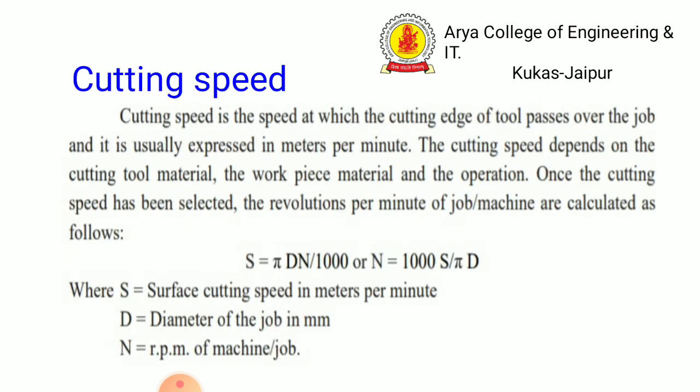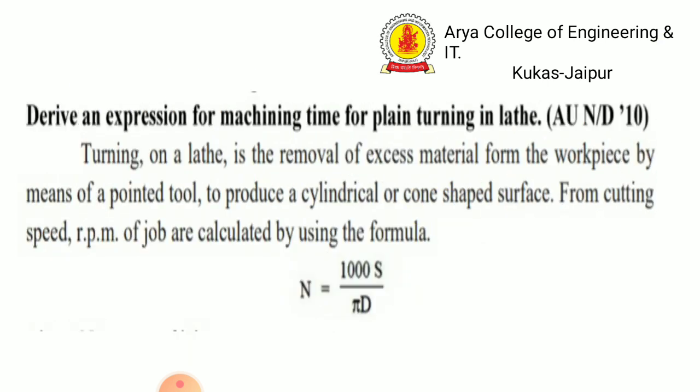Now derive an expression for machining time for plain turning on a lathe machine. Turning on a lathe is the removal of excess material from the workpiece by means of a pointed tool to produce a cylindrical or cone-shaped surface.